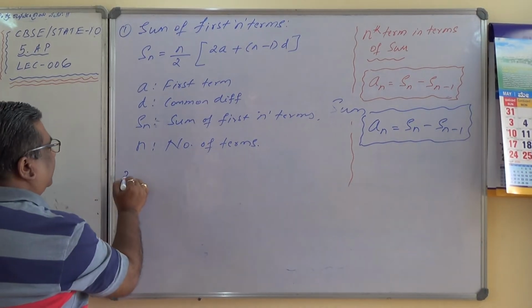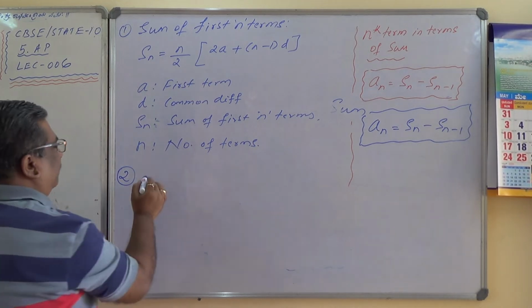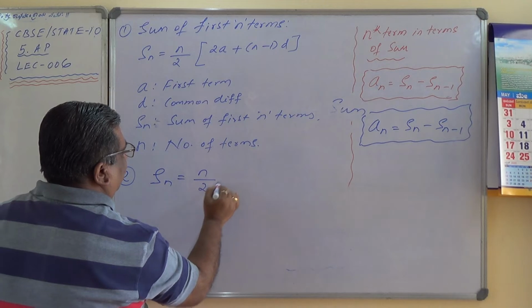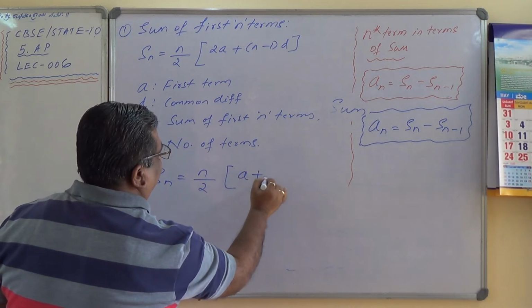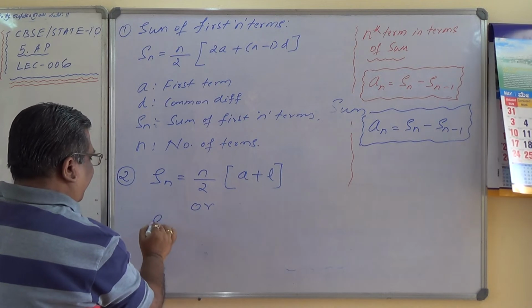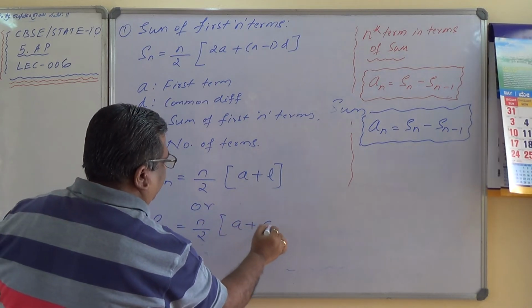Second one, the same sum of n terms is given in terms of the first term and the last term. Also, Sn equals n by 2 into bracket a plus l. This is also represented by Sn equals n by 2 into bracket a plus an.